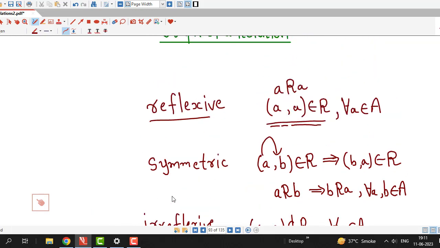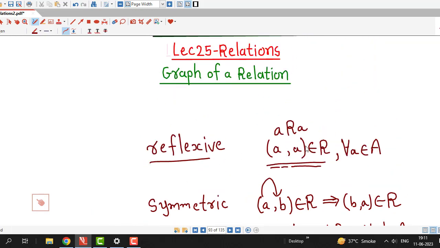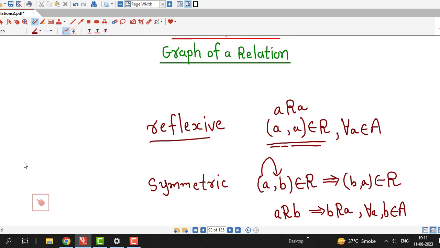Now we can determine the properties of a relation using the elements or ordered pairs in a given relation R. But suppose we are not given the relation R and we are given the graph or diagram of the relation, and using that we want to decide the properties of the relation.